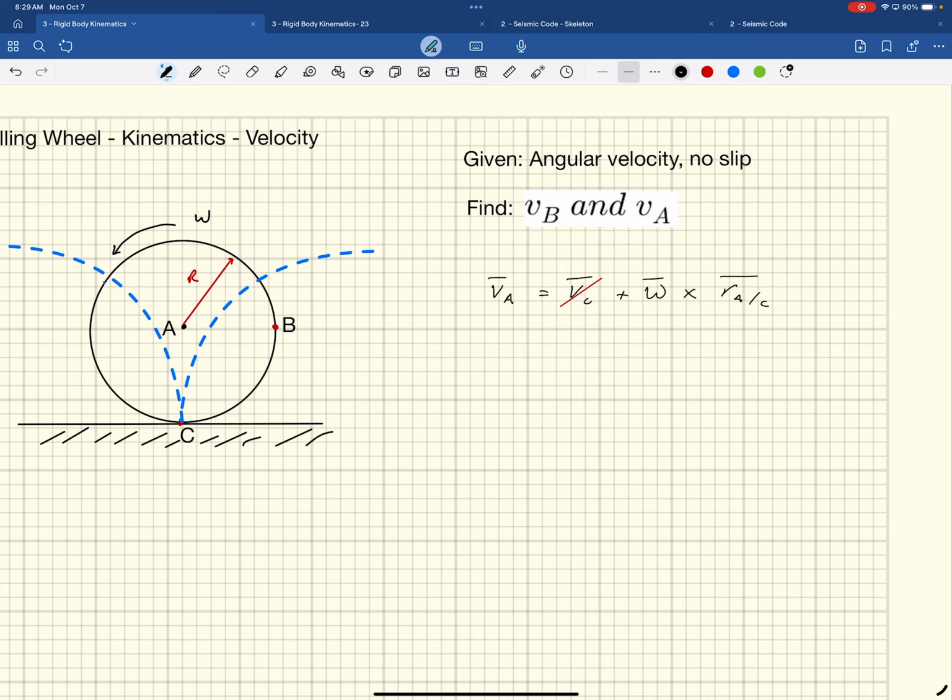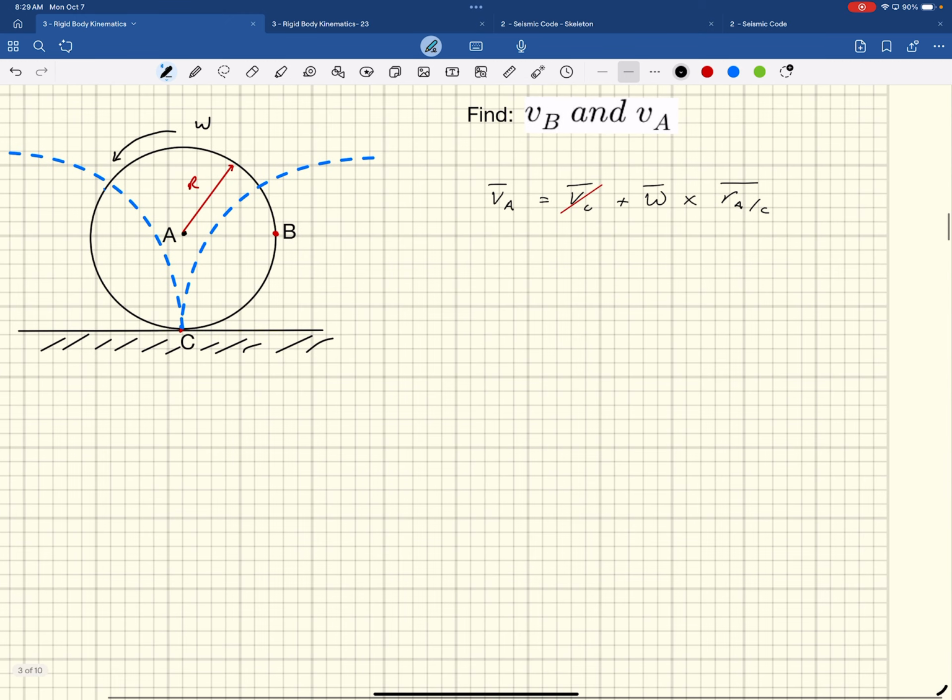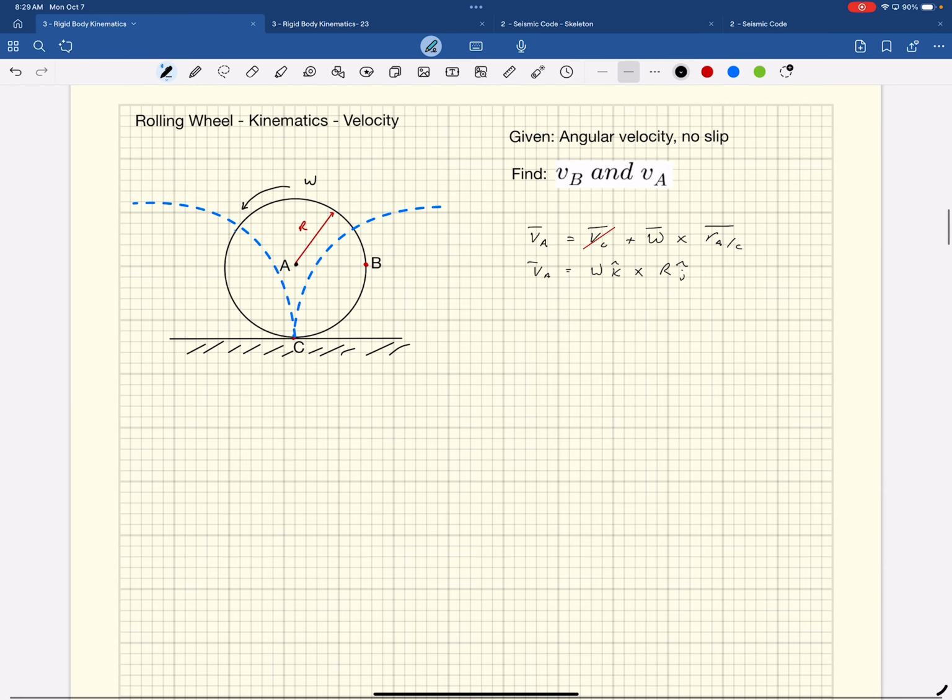All right, that omega is omega in the k direction, so you just expand that, put it in its vector notation. VA is equal to omega in the k direction, the way it's drawn. And I cross it with RA as seen from C, which is R in the j direction. That radius is R, and so it's this way. You always have to make sure you do that in the right direction.